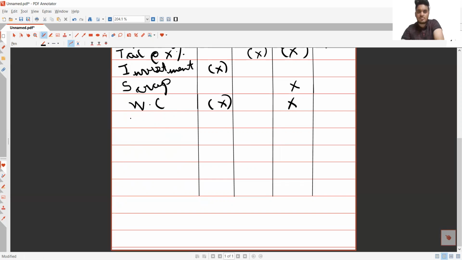I'll tell you what this is a little later. Just bear with me for a while. We'll do a comprehensive question on this, and that's when you will know how to use this. For the time being, just understand that you will incur a certain amount of working capital in T0. It will continue all through the project on an incremental basis, and all the working capital expenditure that you've incurred will be released in the last year. So your working capital of the last year will be a positive figure.